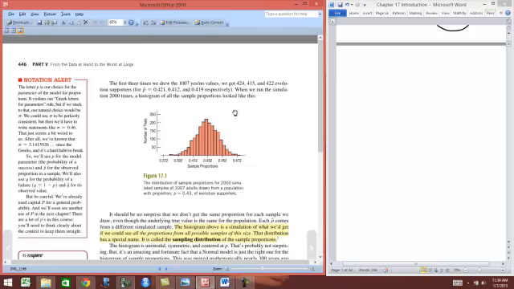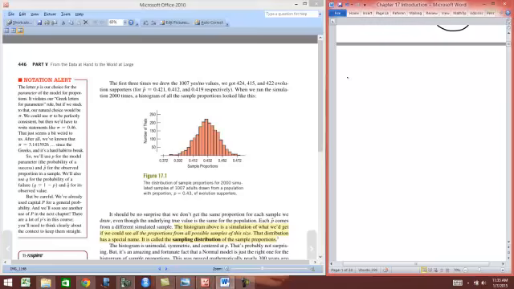So what did they do? They created, simulation-wise, 2,000 p-hats. So in other words, they created 2,000 samples of 1,007 in size.